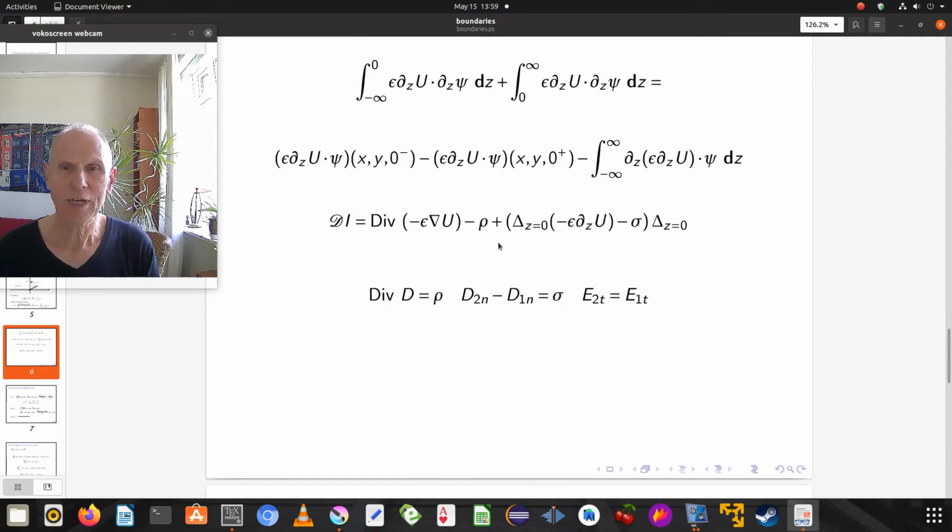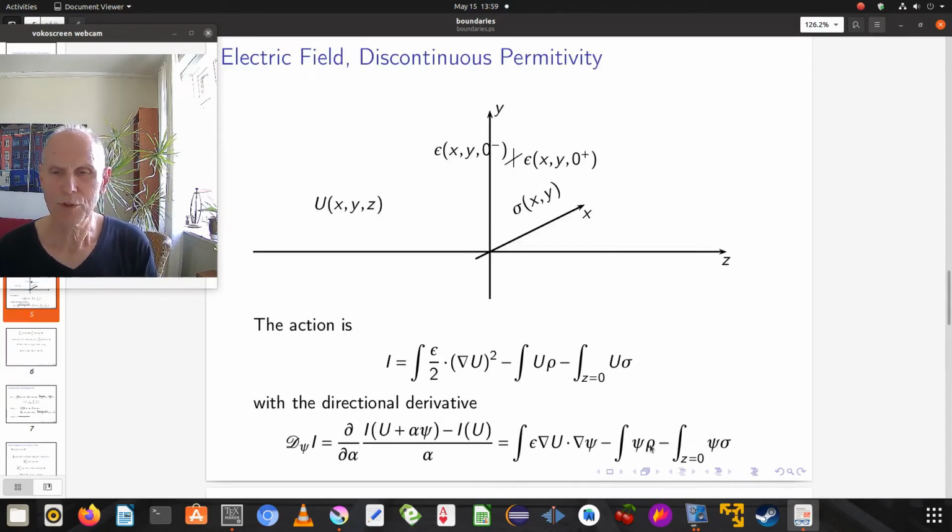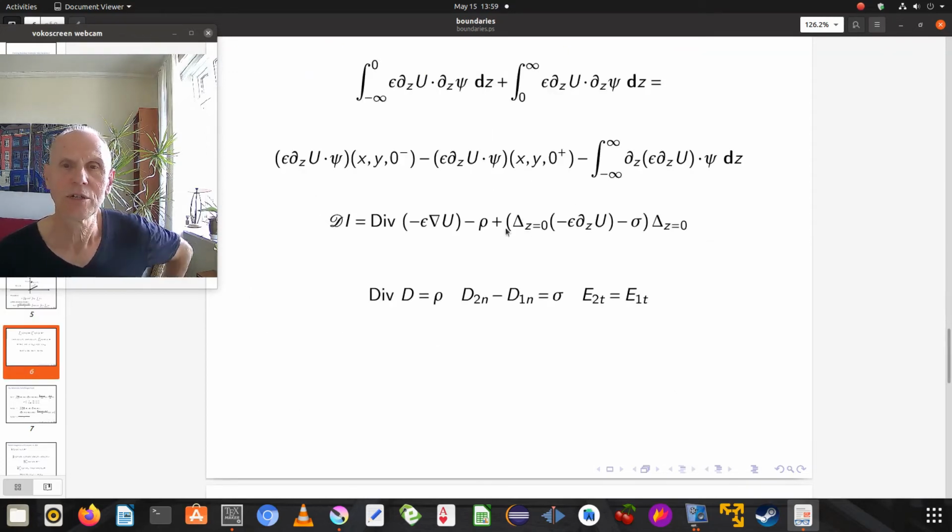And then we get the surface integral, which has a delta function to it, and the volume charge that has not. So here's the volume charge and here's the surface. Oh, they're both at z equals naught. So we get a boundary condition. First, the divergence of the displacement equals rho.